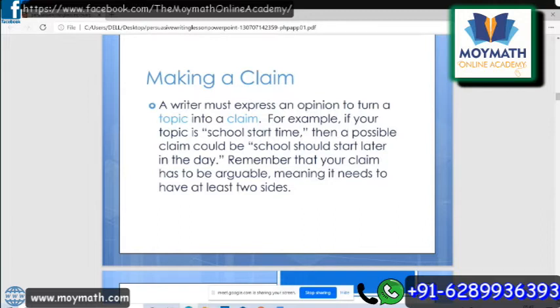What is your school starting time? My school starting time is at 8. So, do you wish to start it later in the day or earlier in the day or the same time? How is it like? I like it at the same time. You're not thinking about later in the day, right? Now, if it is later in the day, what arguments will you have for it?